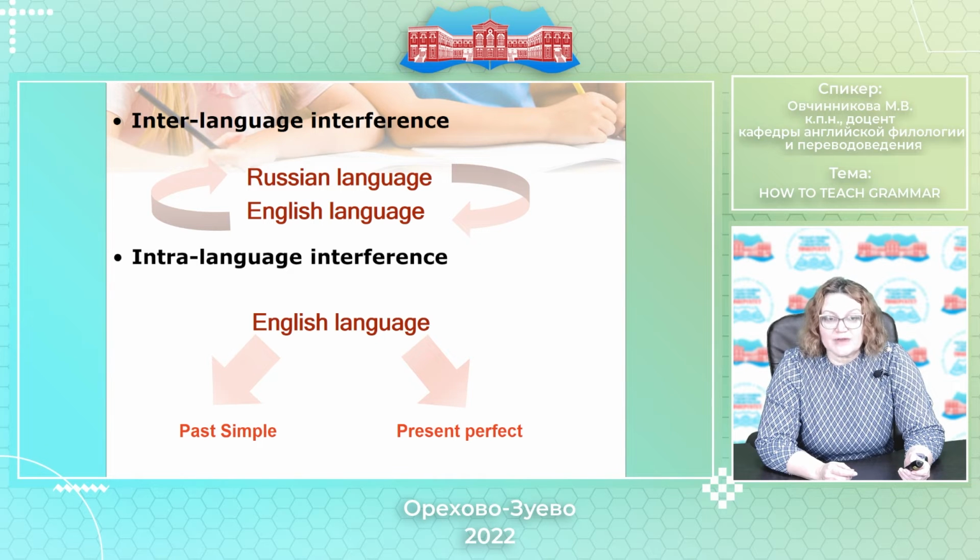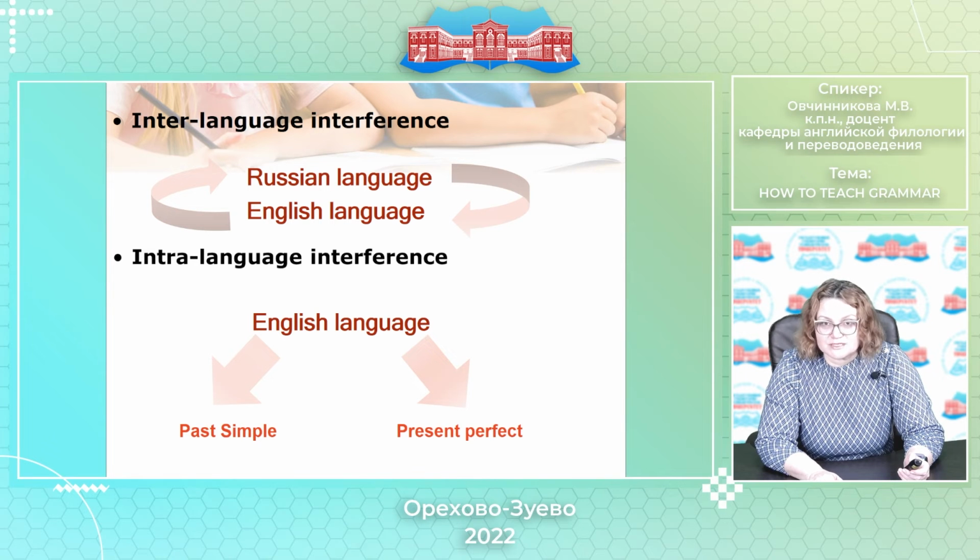So the question of intralanguage interference touches the question of the activities, of the aspects and categories under the one language, for example, the English one. And let's take an example with tense forms again. For example, past simple, we know how to use it, but we do not understand how to use the present perfect form. And sometimes students mix these two rules and these two meanings.